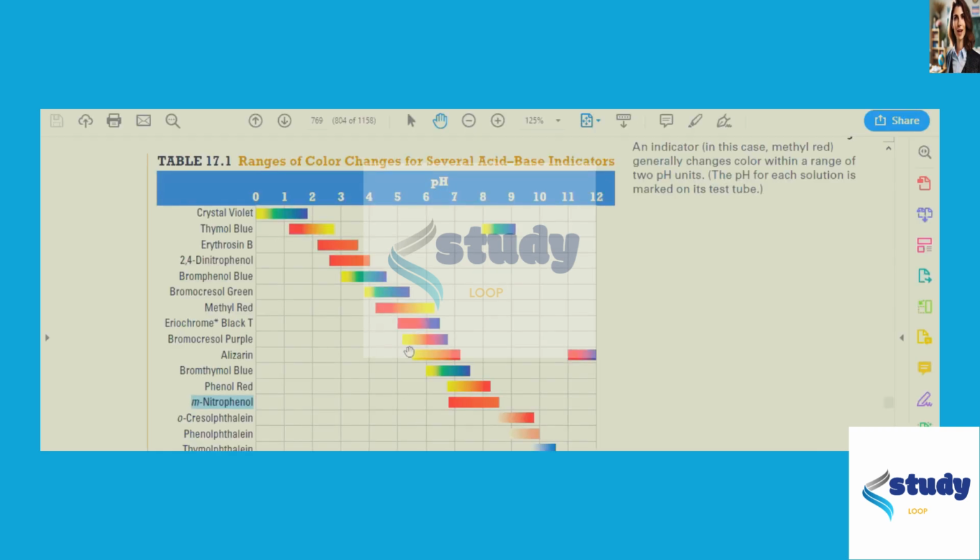From here we can see the alizarin, or the bromothymol blue, or phenol red, or m-nitrophenol. Basically the alizarin and the bromothymol blue change color around 7, and also the phenol red and m-nitrophenol. So we can use any of these indicators for the titration of HCl with a strong base.